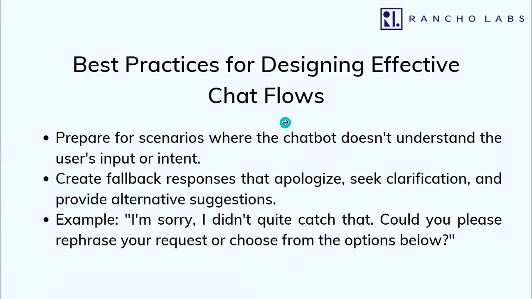The third one: prepare for scenarios where the chatbot doesn't understand the user's input or intent. Create fallback responses that apologize, seek clarification, and provide alternative suggestions. So here, what chatbot are we discussing? A restaurant booking system, right? If the user asks any question related to maths or science, the chatbot can't answer, because all the chatbot can do is book the table.